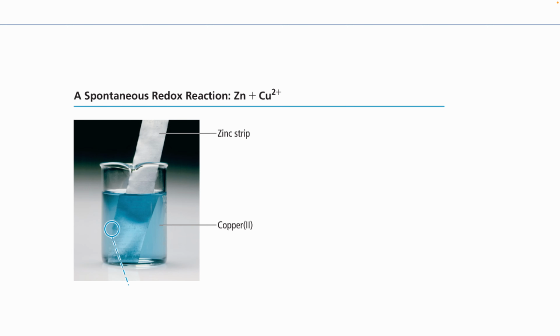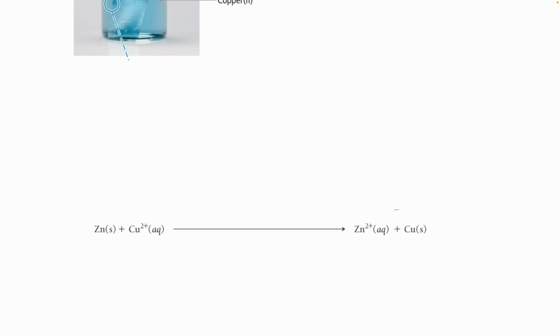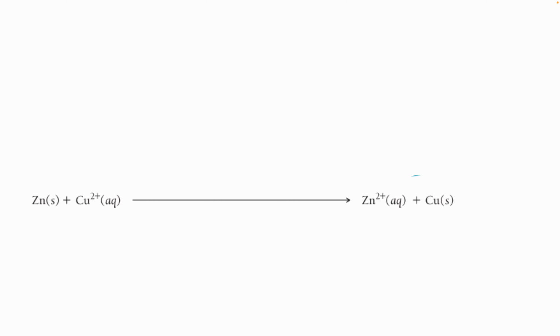We just care about those copper 2 ions that are in this solution. Okay? So let's take a look at our chemical equation here. What's going to happen is our zinc is going to go from being this neutral zinc metal to now being these positively charged zinc ions.